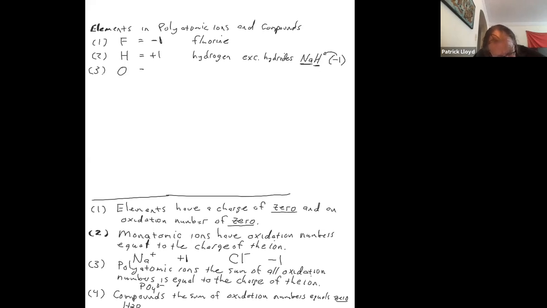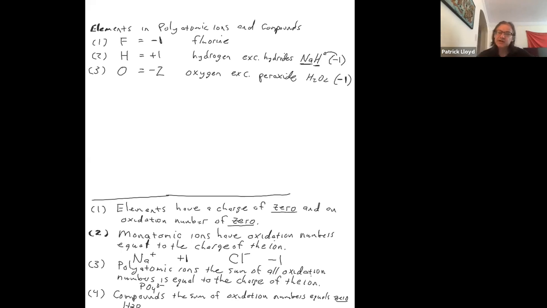Third one, oxygen is -2. Isn't that cool? Okay, so this is oxygen. Again, there is an exception to that, and the exception is called a peroxide. You're familiar with one very famous peroxide, which is H2O2. In this case, oxygen is -1.